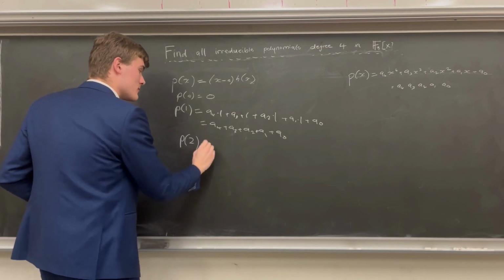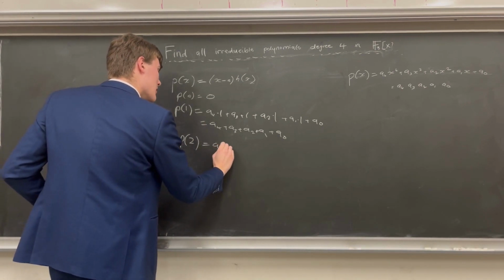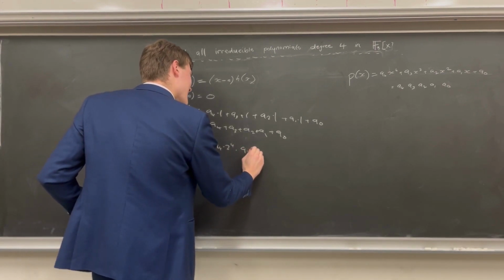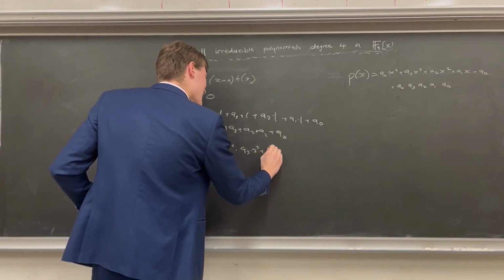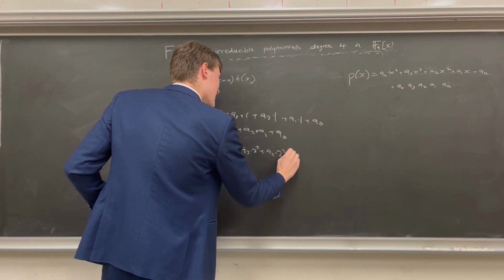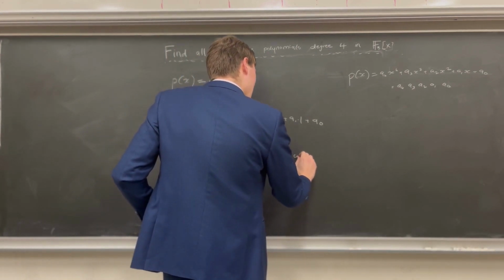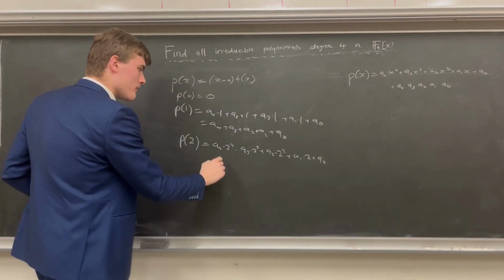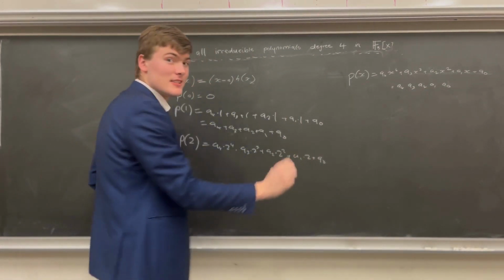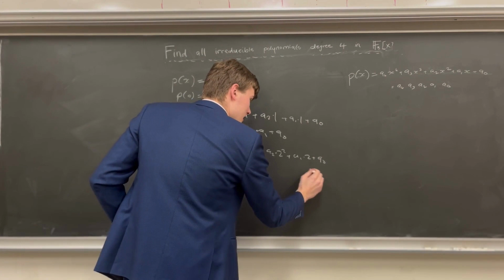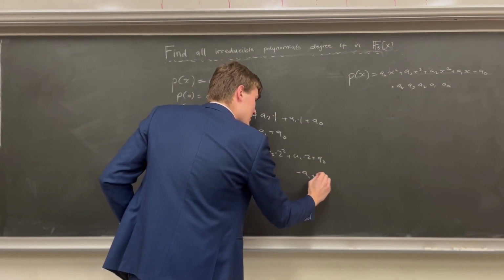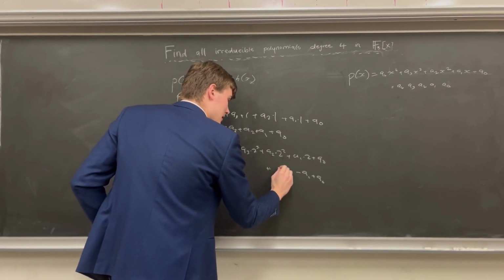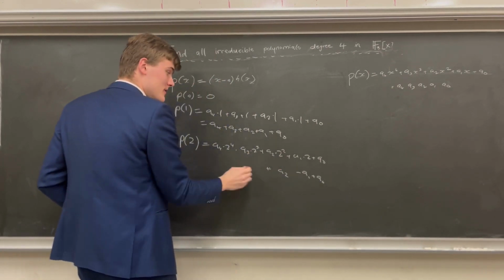Plugging in x equals 2, we'll get the following. 2 is equal to minus 1. 2 squared is equal to 1. 2 cubed is equal to minus 1.